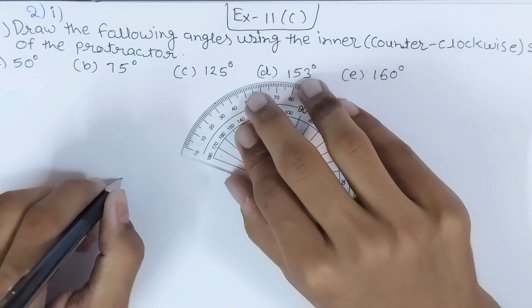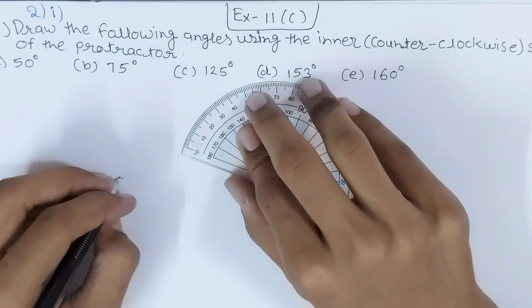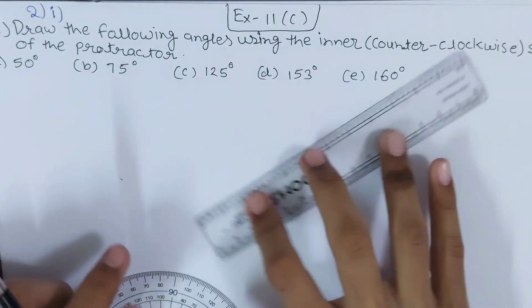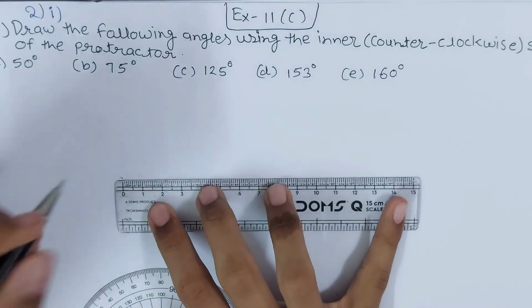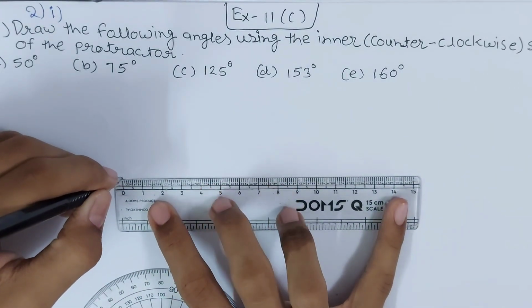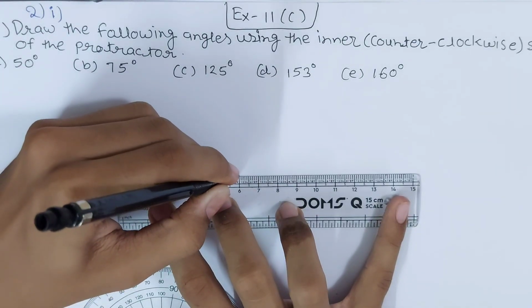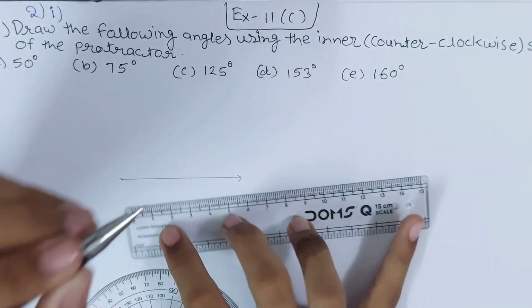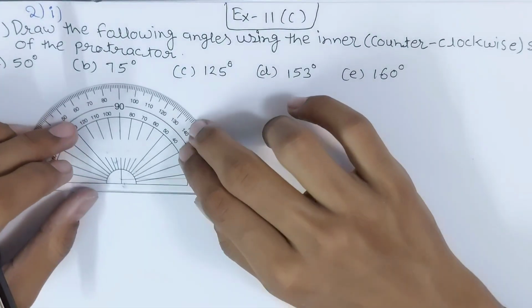After drawing the point, you need to make a ray from this point, a straight ray, maybe a little more. That should be fine. Then after making the ray, you keep the protractor back at this point.